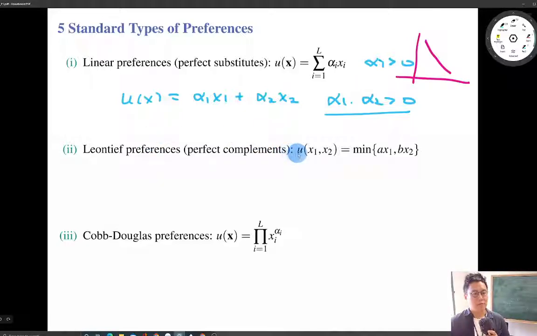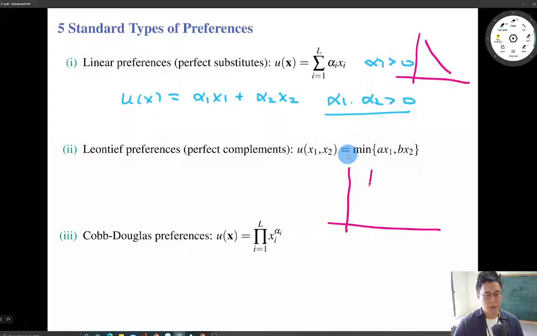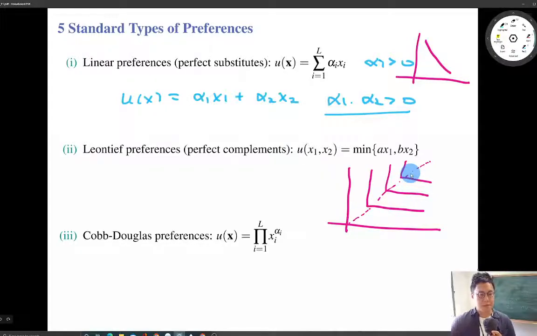So the utility function u is given by the minimum of a times x1 and b times x2. The indifference curve has an L shape, like this. And its slope: the slope of this dotted line that connects the kinks of these L-shaped indifference curves has a slope.